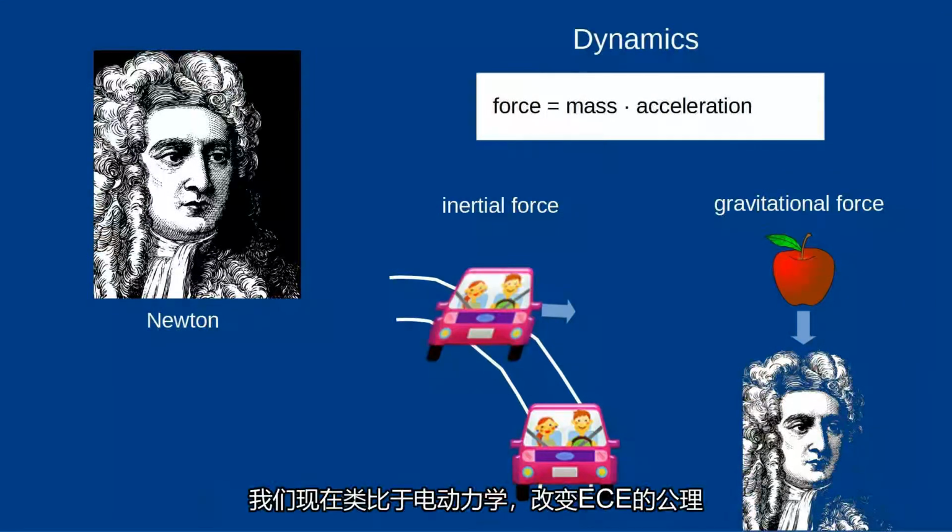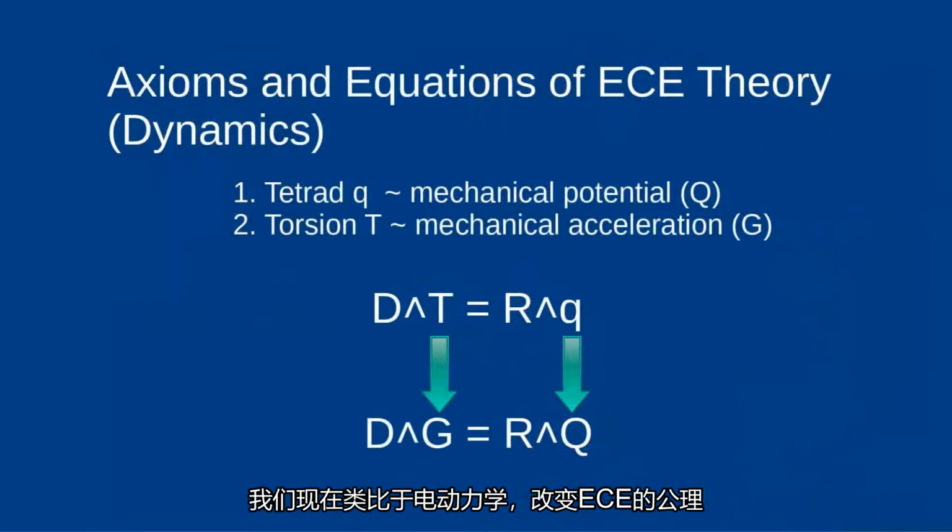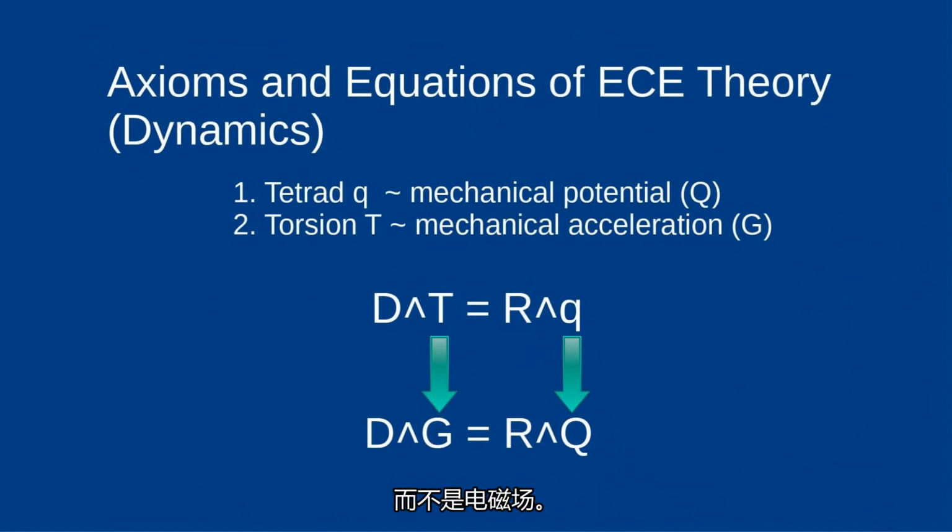We now proceed analogously to electrodynamics and change the ECE axioms in such a way that mechanical fields now occur instead of electromagnetic ones. First, the tetrad Q corresponds to the mechanical potential fields Q. Second, the torsion T corresponds to the mechanical acceleration fields G. This time, the Bianchi identity gives us the equations of motion of the dynamics.